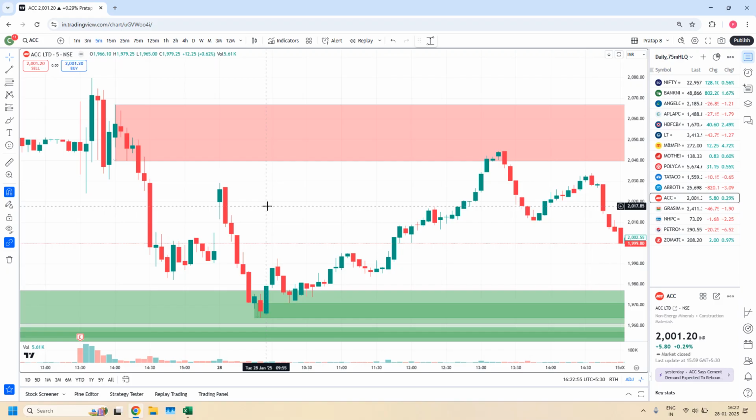That kind of assurance, at least at the 80% level, our software is giving. So in many of the trades it is reaching 15 minute supply zones. In a few trades, because of a 5 minute or 1 minute high liquidity zone, sometimes they get disturbance. That also we will identify and we will exit at those levels.